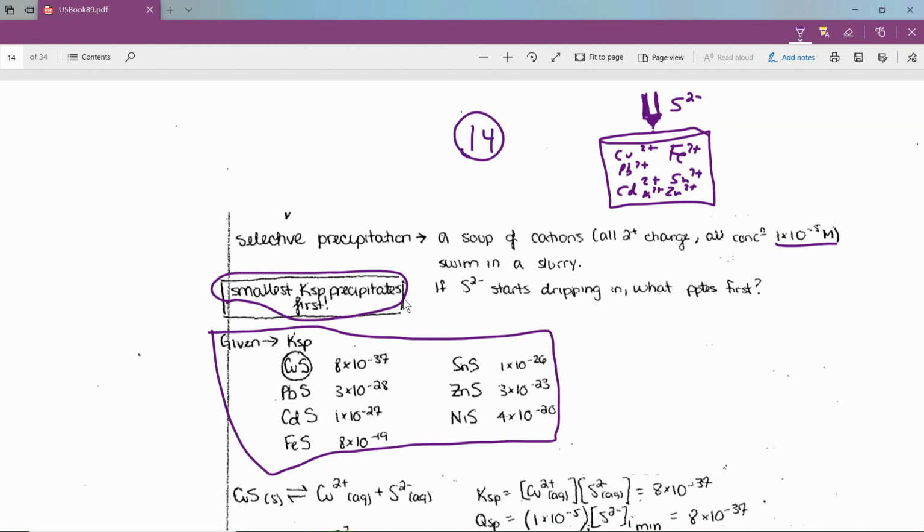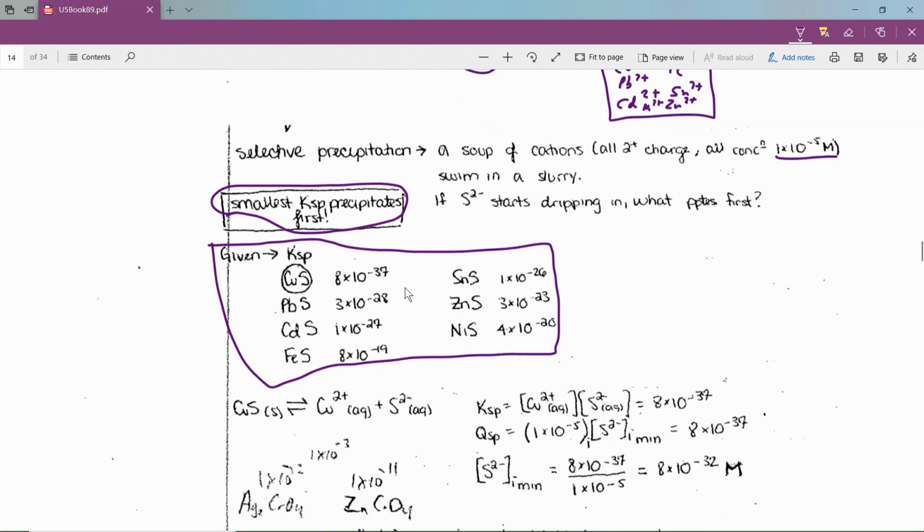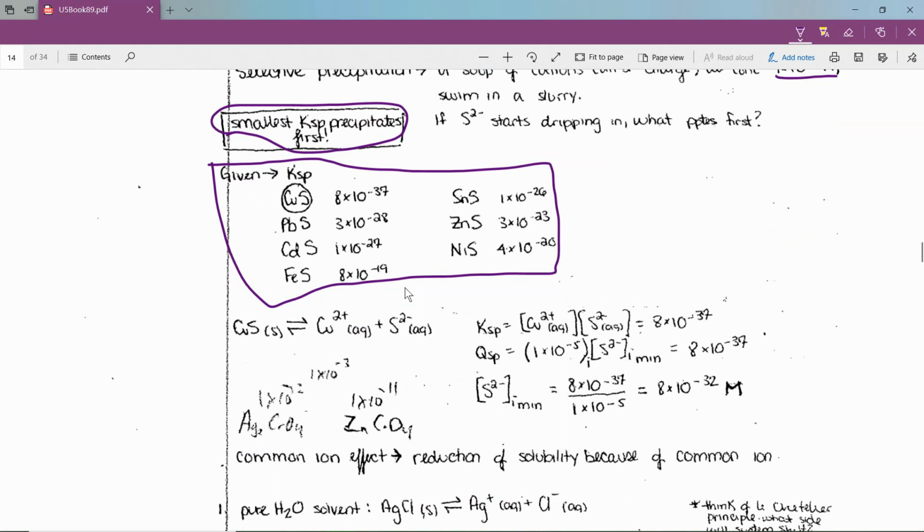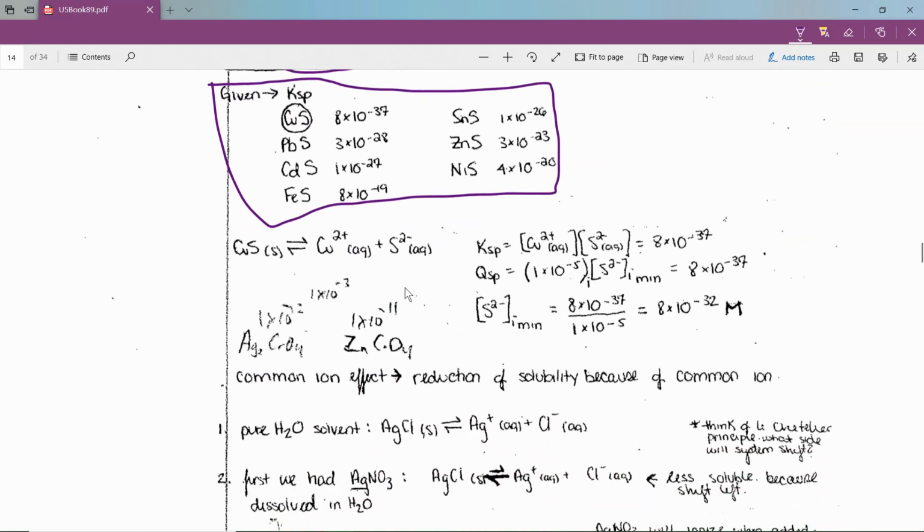Okay, if we wanted to mathematically find out how much sulfide would be needed to get the precipitation happening, my Ksp is going to be equal to 8 × 10^-37.